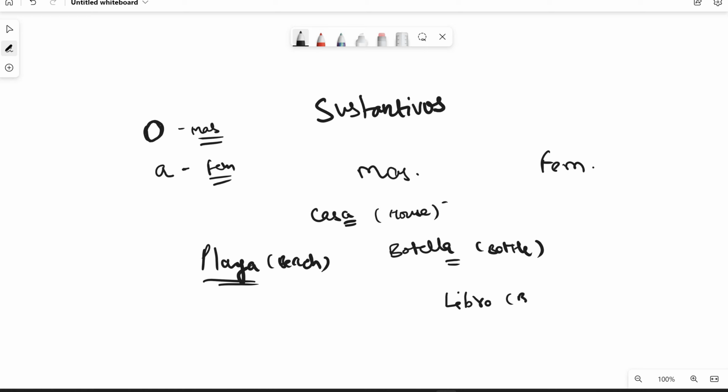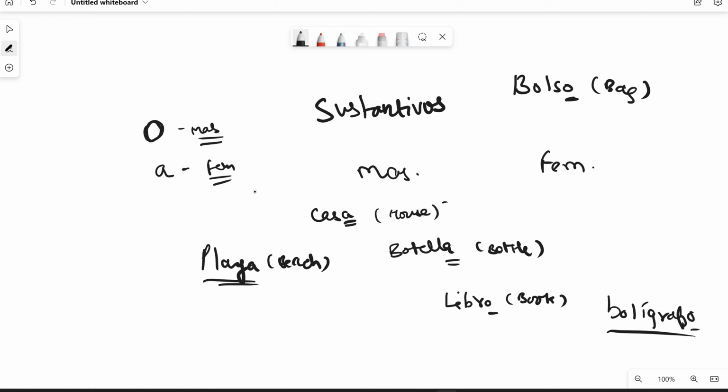Libro, which is a book, again ending in o, that means it is a masculine noun. Bolígrafo, which is a pen, again ending in o, that means it's a feminine noun. Bolso, which means a bag, ending in o, that means it's a feminine noun.